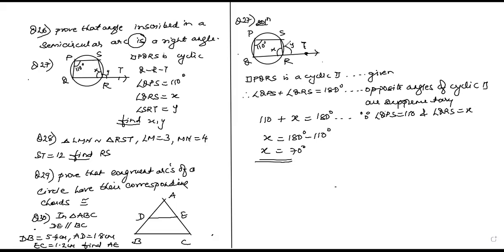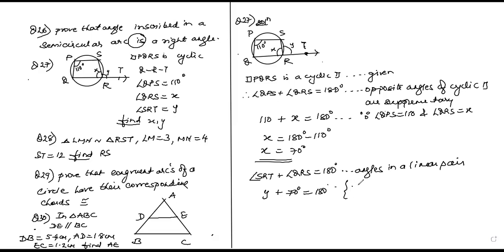Now the other one is Y. I think the easiest is SRT and SRQ. This angle SRT plus angle QRS is equal to 180 degrees. Angles in a linear pair. So SRT is Y and this is 70, equal to 180 degrees.